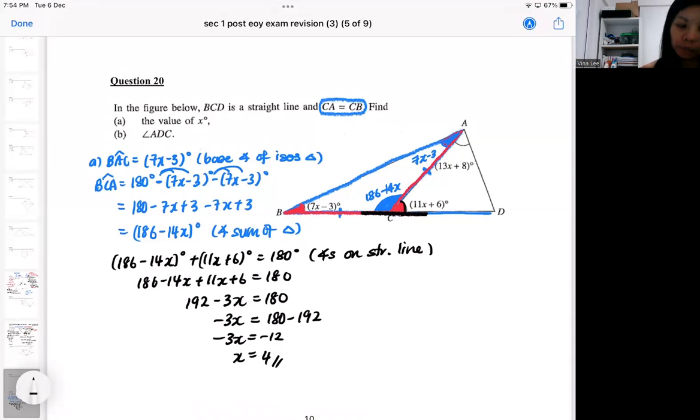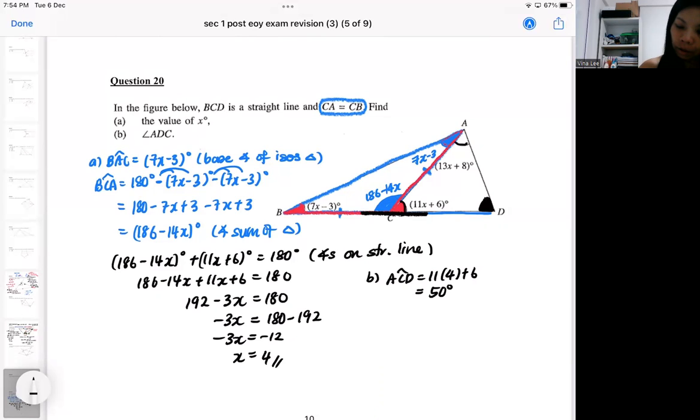So the next one, you're supposed to find ADC. So ADC is here. It's actually quite easy. Once you can find your x, you can have your ACD, 11 times 4 plus 6.